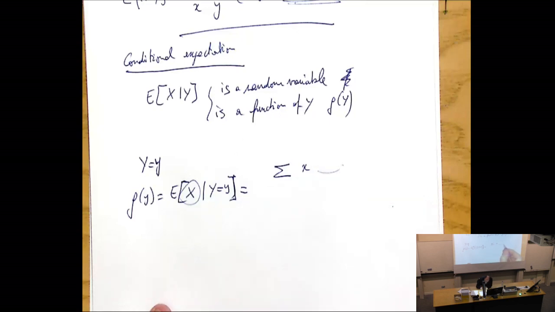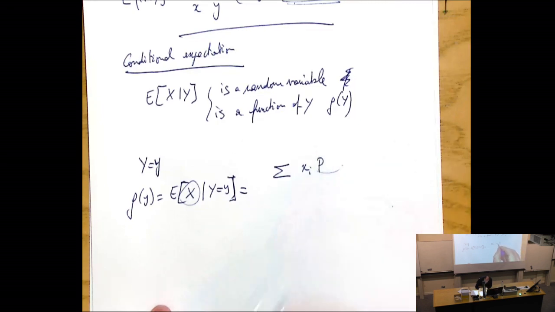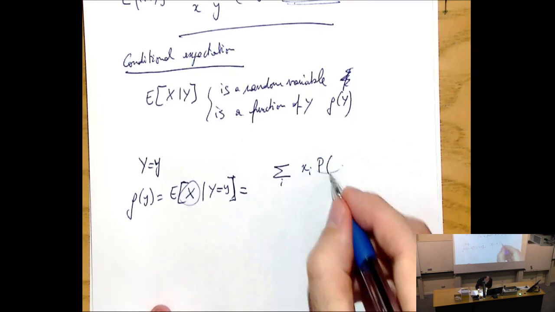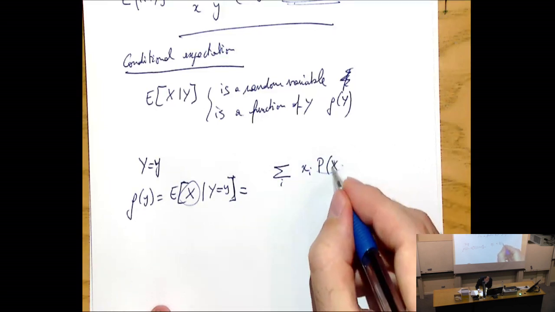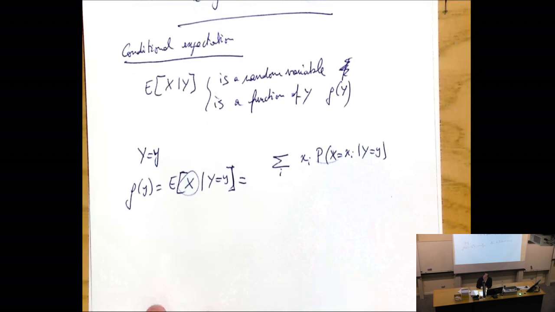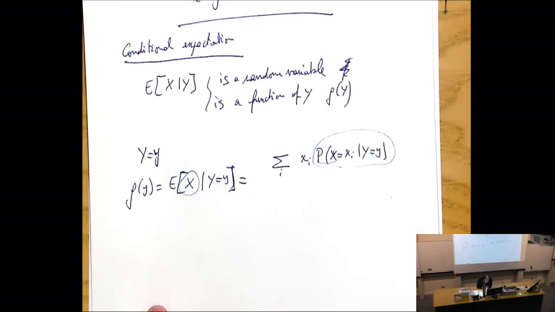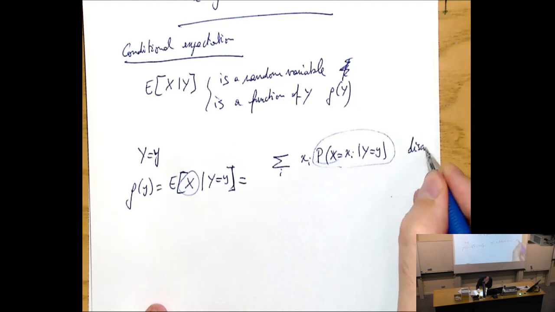The weights are given by the conditional PMF. So I'm looking at summing over all i, and I'm looking at P of x equal to xi given that y is equal to y. I'm taking here the conditional probability mass function, essentially. So this is the discrete case.